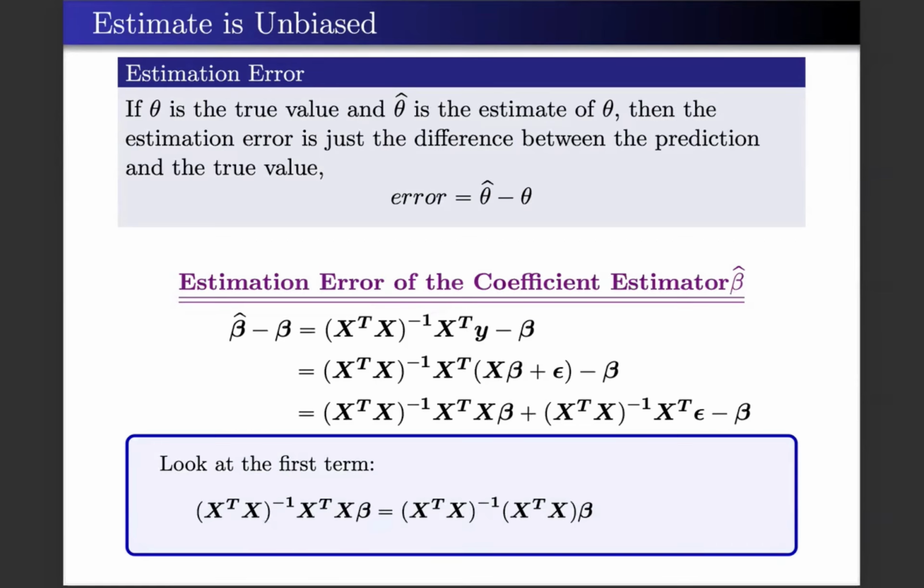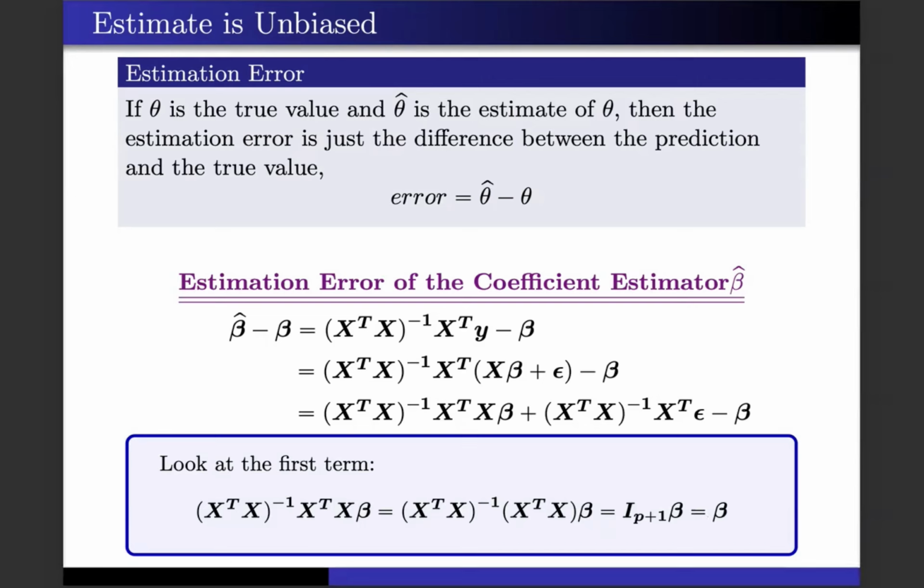So we use the result that a matrix multiplied with its inverse gives the identity matrix. And we get the identity matrix multiplied with beta. Next, we use the result that an identity matrix multiplied with any matrix gives the matrix back. And therefore, the identity matrix multiplied with beta equals beta.